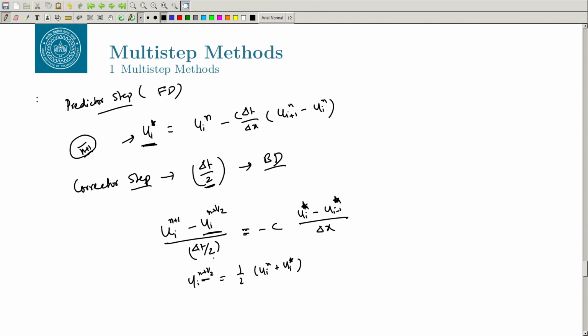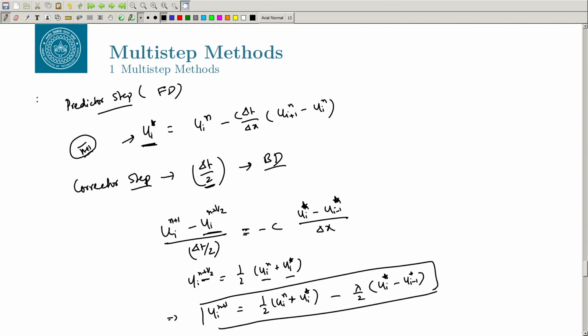So, ultimately your scheme will become u_i^{n+1} equals half of u_i^n plus u_i star, which is the predicted value, minus lambda by 2 times u_i star minus u_{i-1} star, which we have predicted earlier. These two steps are called the McCormick scheme.